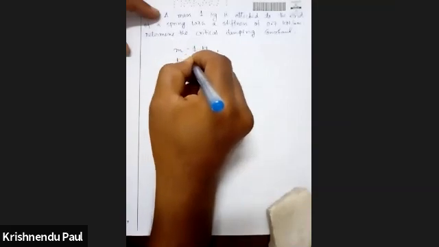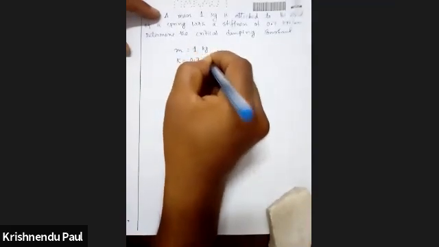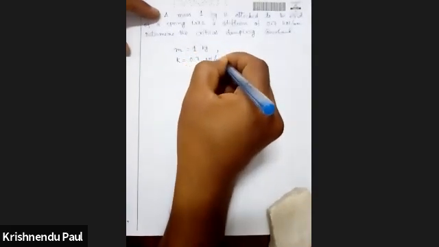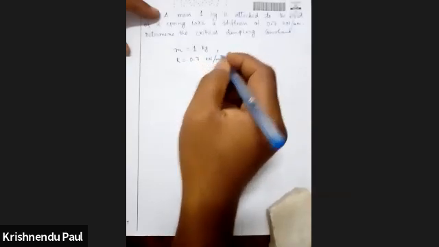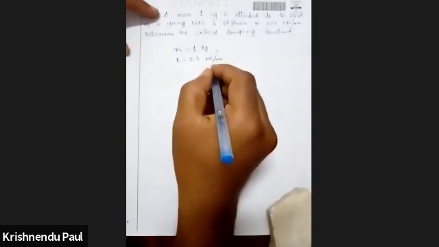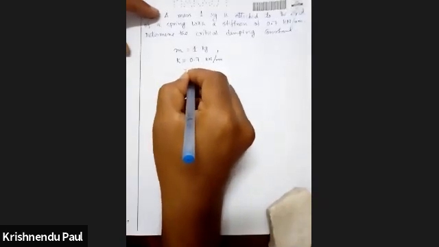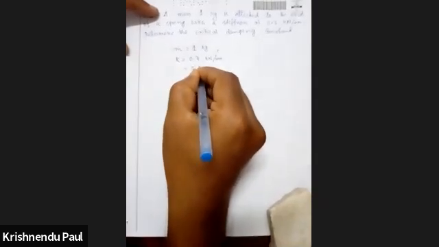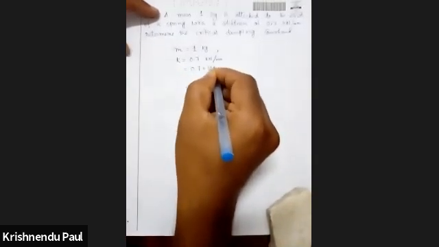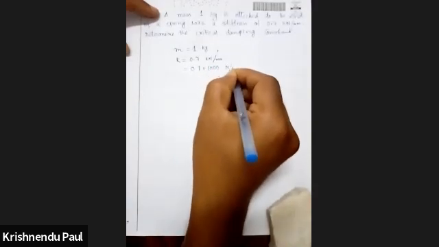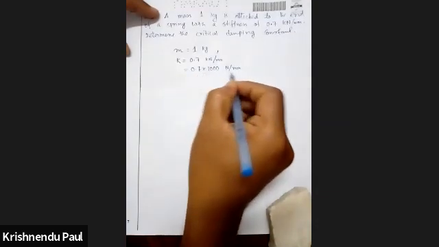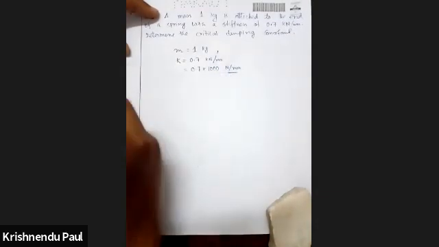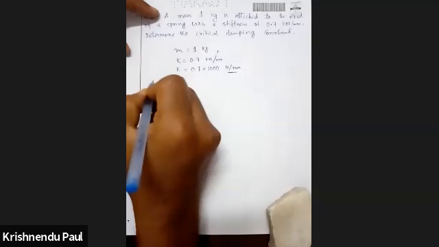Stiffness is equal to 0.7 kilonewton per millimeter. So convert it into Newton per millimeter. Remember the units, the unit should be in this manner, Newton per millimeter. So this is equal to k.